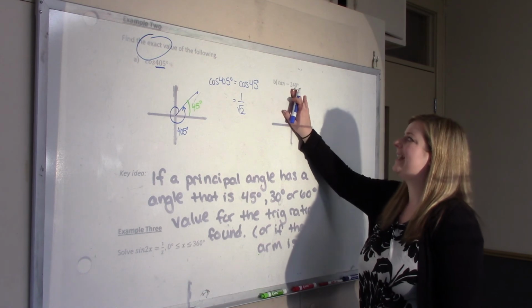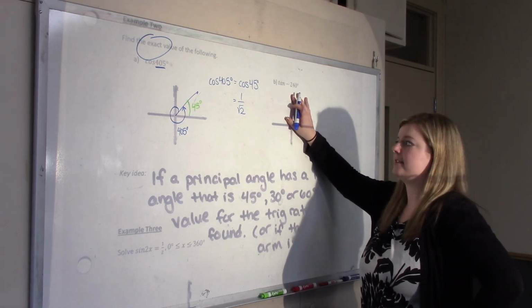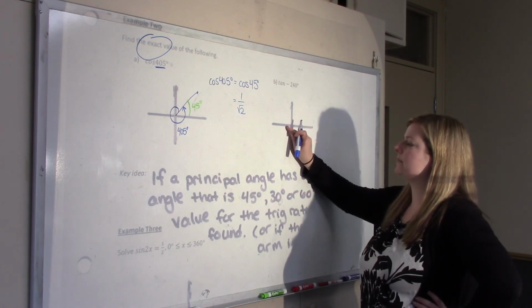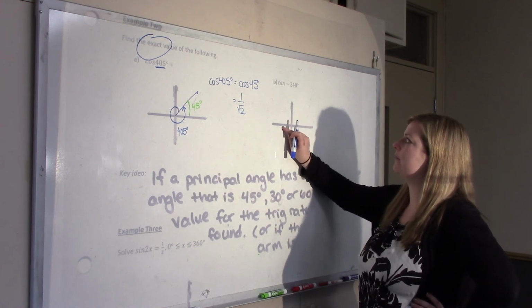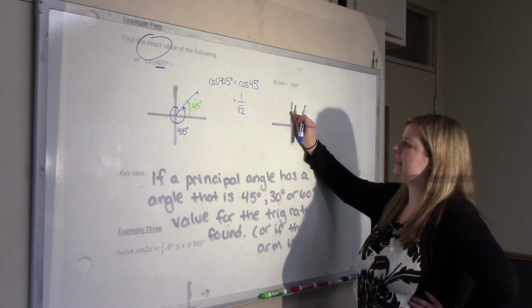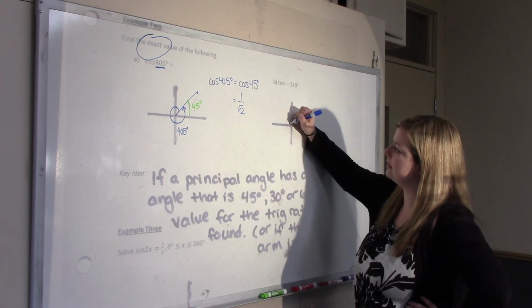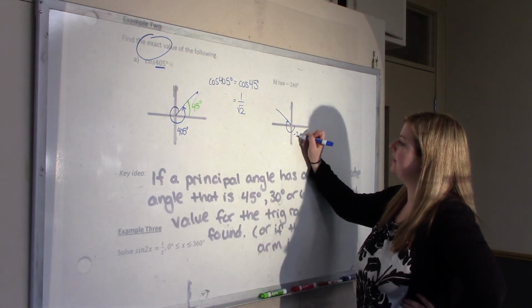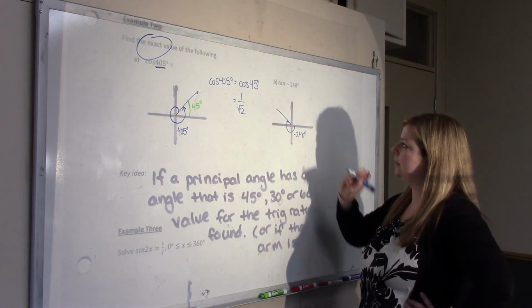Now what about the tan of negative 240 degrees? So let's find out what quadrant that terminates in. So negative is going this way. So I have negative 90, negative 180, negative 270. So it has to be in this quadrant, between negative 180 and negative 270.